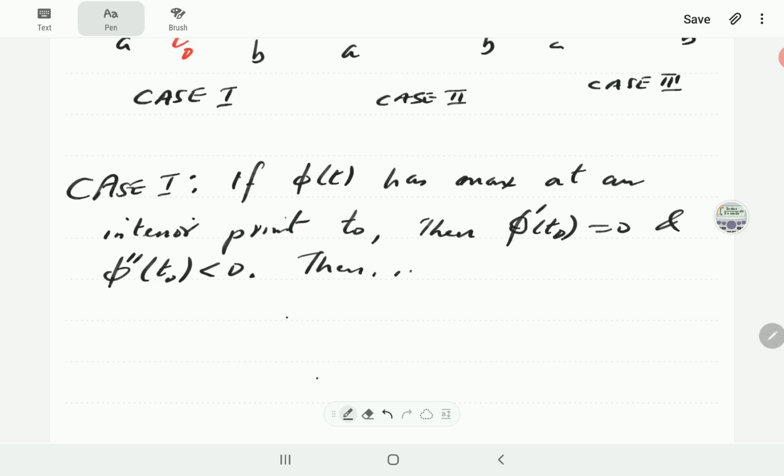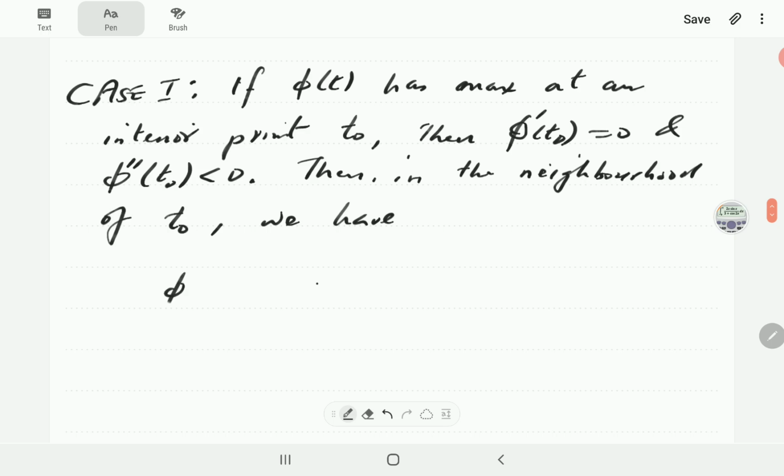Then in the neighborhood of t naught, we can expand phi in a Taylor series.